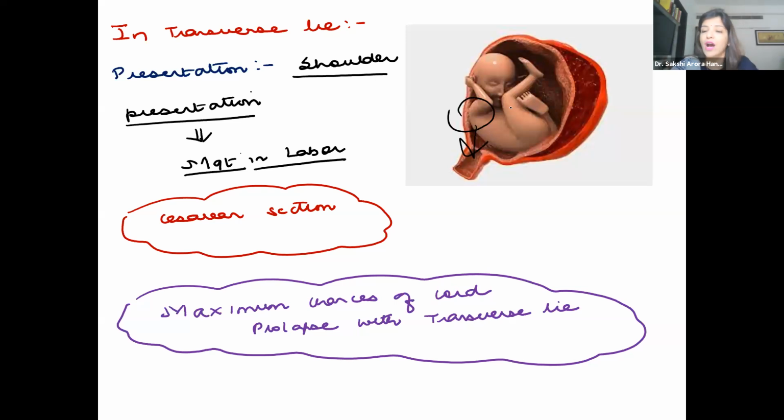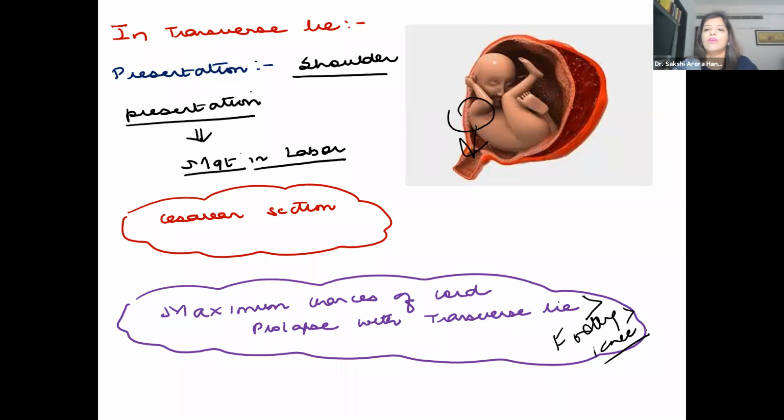The last thing which I want to discuss before we move on to the next image is, if they ask you in which condition the chances of cord prolapse are maximum, please remember that maximum chances of cord prolapse are with transverse lie, followed by footling presentation of breech, followed by knee presentation, right? So this is the sequence which you have to remember. First, maximum chances are with transverse lie.